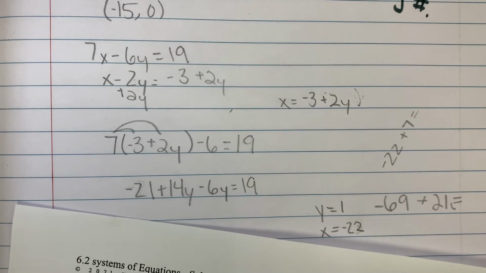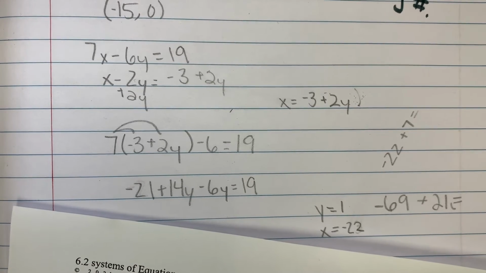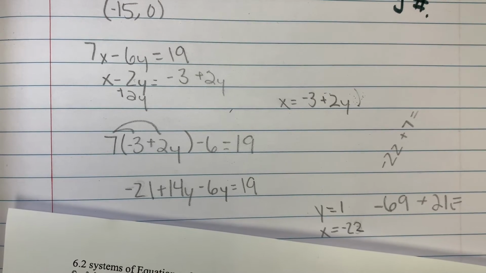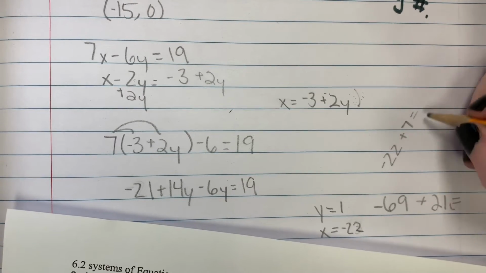Negative 66, I think. And then times 1 would be 21. So negative 66 plus 21 would be negative 45. Okay. So that one would work.